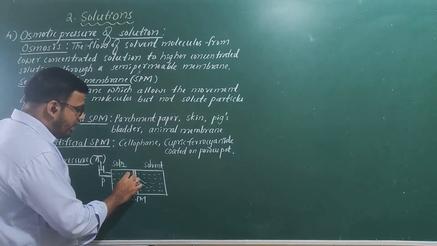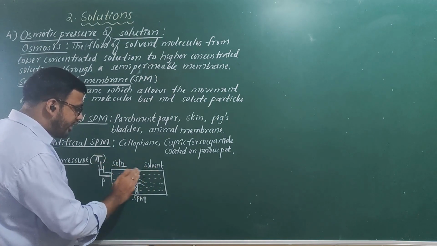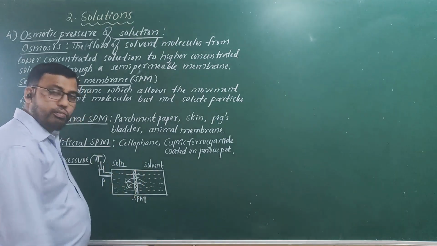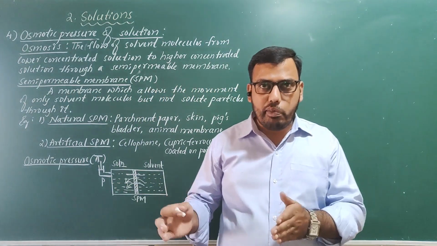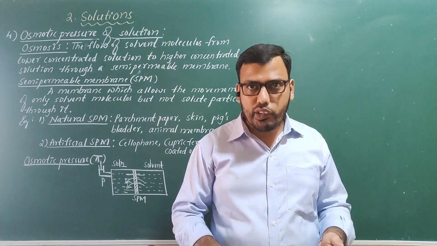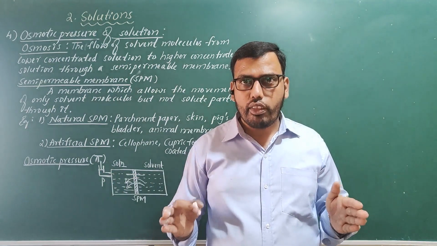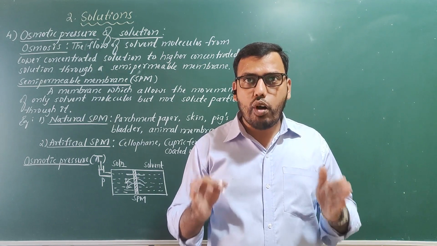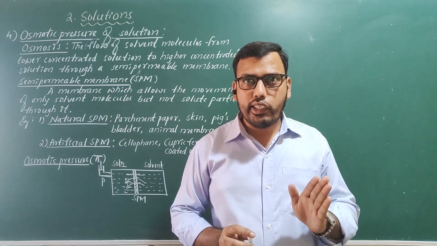At the particular point when both the vapor pressure and this external pressure are in equilibrium, osmosis stops. Okay, on the solvent side we have vapor pressure, on the solution side we have some extra external pressure. When both the pressures become equal, the solution has reached equilibrium. Now osmosis stops.